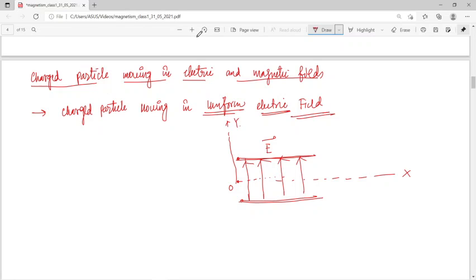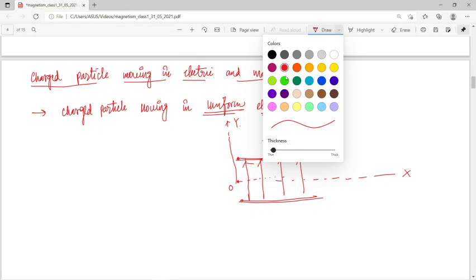Now what will happen in that particular case?